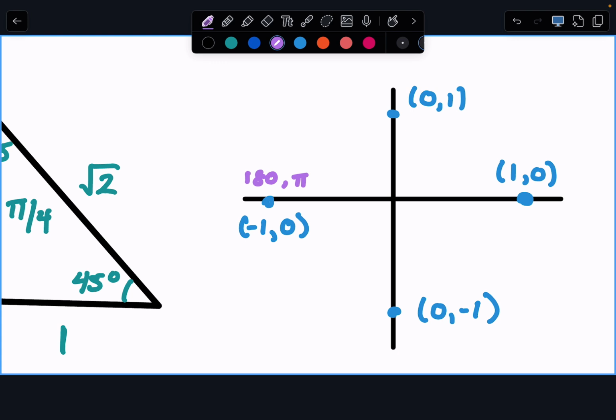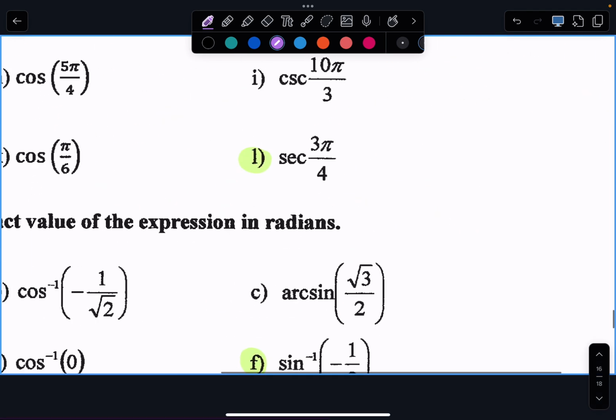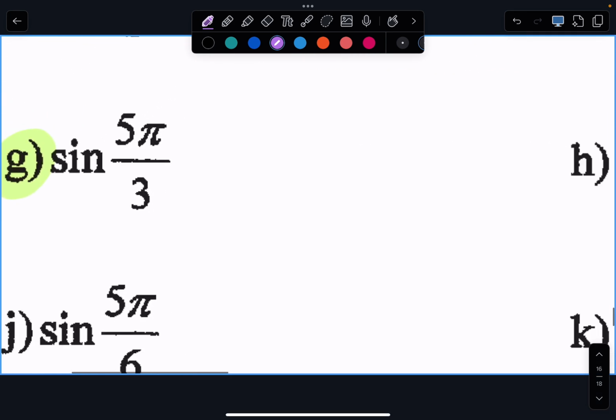So you could say, okay, well, the reciprocal of cosecant is sine, and sine is y. So the sine of 270 is -1. If I flipped -1 over 1, I still get what? -1, yeah. Okay? So make sure you're okay with all of the variations of those, okay? I gave you some on your test too, so you should be able to go back and look at that and see. All right, let's do this one.